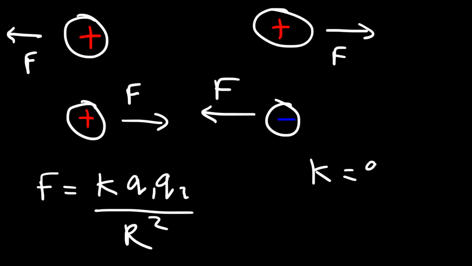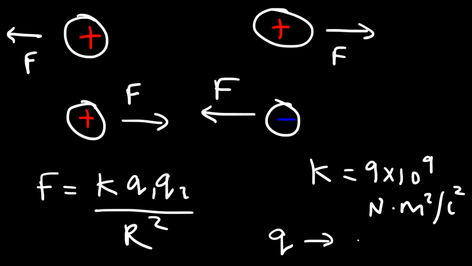It's equal to 9 times 10 to the 9, and the units are newtons times square meters per Coulomb squared. So that's just a fixed value. Now Q represents the electric charge, and Q is measured in coulombs. R is the distance between the charges.